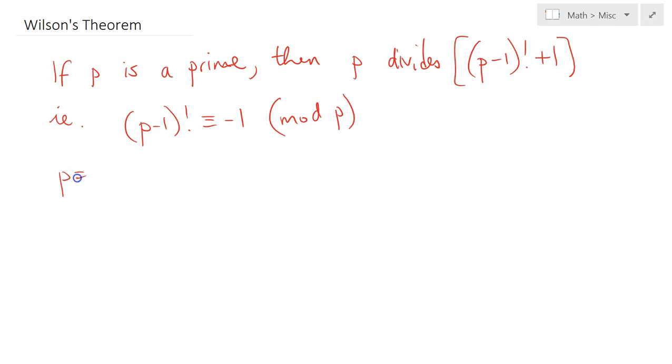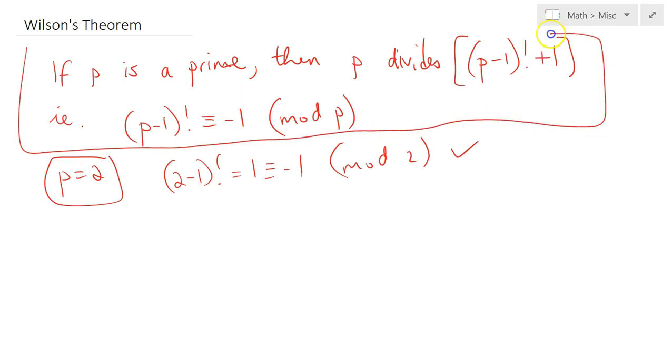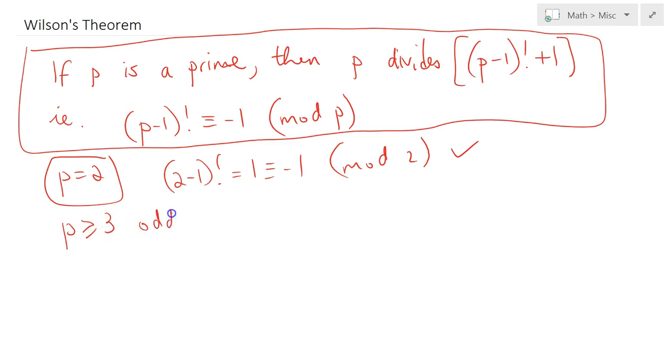When P is equal to 2, we get that (2 minus 1) factorial, which is just equal to 1, is congruent to minus 1 mod 2, which is true. So for the rest of this video lecture, I will assume that P is greater than or equal to 3, an odd prime.